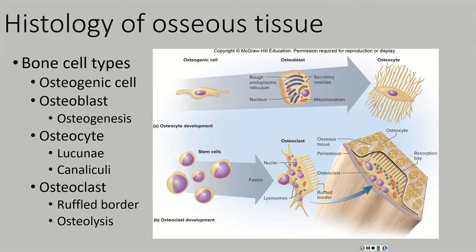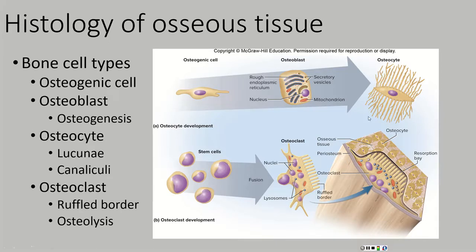And that pocket that an osteocyte sits in is called a lacuna. More than one is called lacunae. One is a lacuna. So a lacuna is the pocket that an osteocyte sits in. Now we also see lacunae in cartilage. So really this is just a pocket that holds a cell.